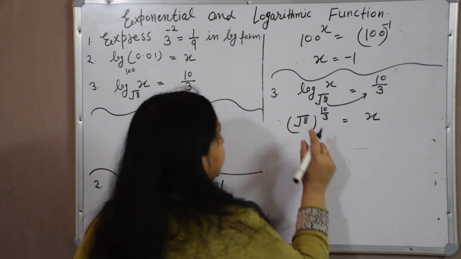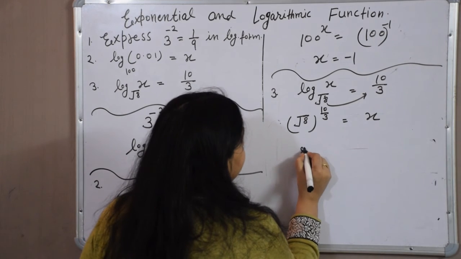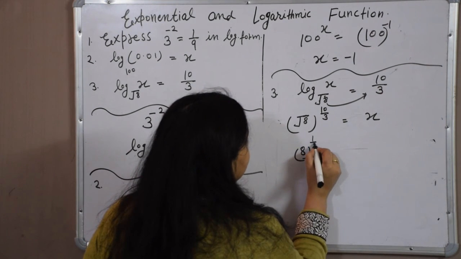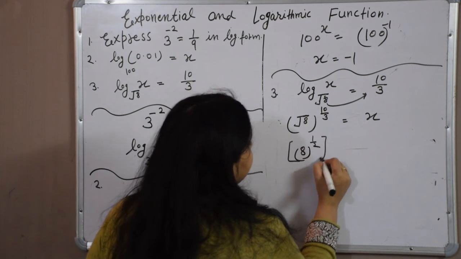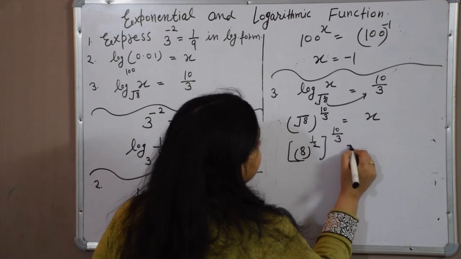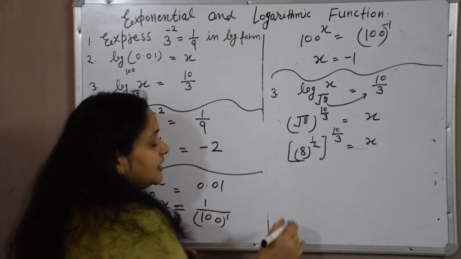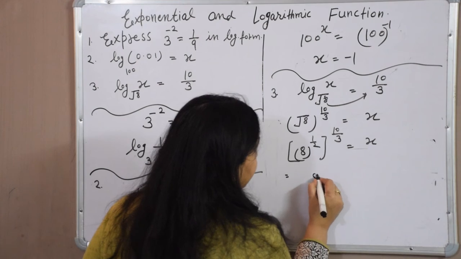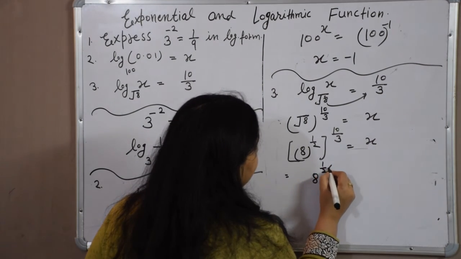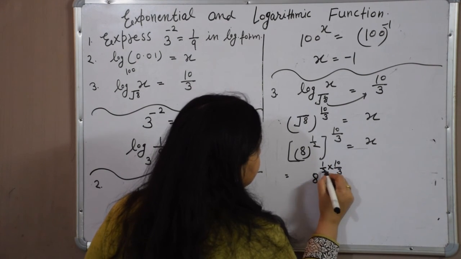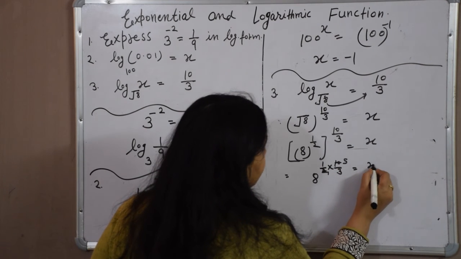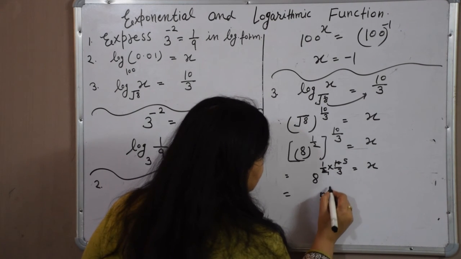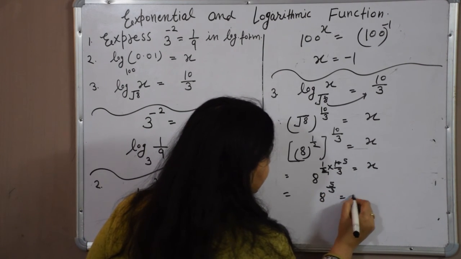Now this root 8 we can write as 8 raised to power 1 by 2, and there is one more power 10 by 3 equal to x, and by using the properties of exponents we can write it as 8 raised to power 1 by 2 into 10 by 3, that is 8 raised to power 5 by 3 is equal to x.